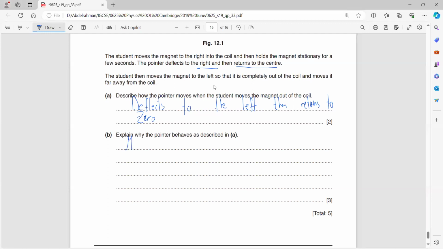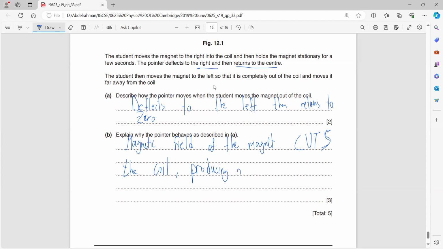Cuts. Okay, the magnetic field of the magnet has to cut. What does it cut, guys? It cuts the coil, producing an induced current in the wire. Okay, producing an induced current.